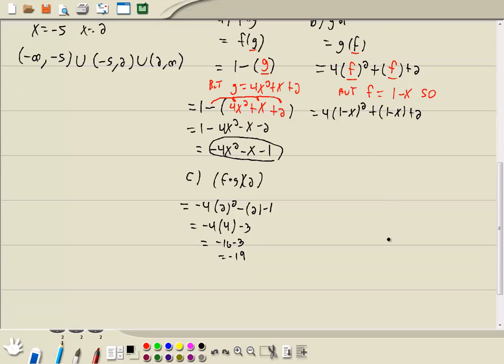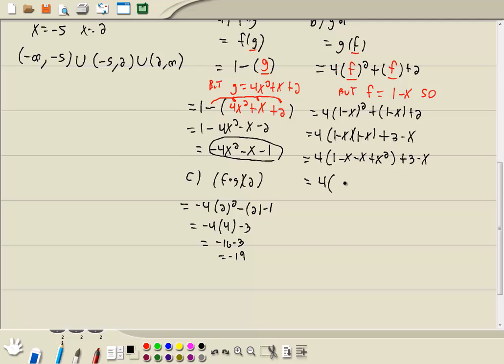Then we want to simplify. (1 minus x) squared is (1 minus x) times (1 minus x), plus, those parentheses aren't doing anything, so 1 plus 2 is 3 minus x. 1 minus x times 1 minus x: 1 times 1 is 1, 1 times negative x is negative x, negative x times 1 is negative x, and negative x times negative x is a positive x squared, plus 3 minus x.